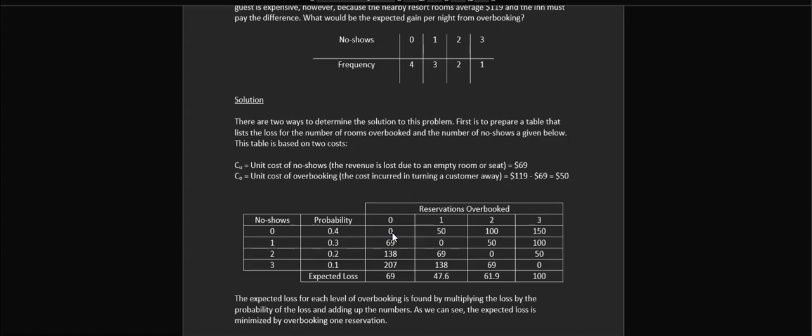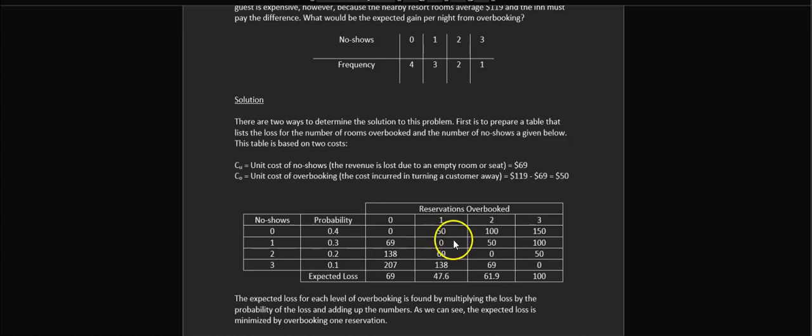But now if you have 1 no-show, you have an opportunity cost of 69 times 1, 69 times 2, and 69 times 3, because now you have empty rooms. If you overbook 1 room and you have 0 no-shows, that person has to be sent to a different hotel. So that's a $50 loss for 1 person.